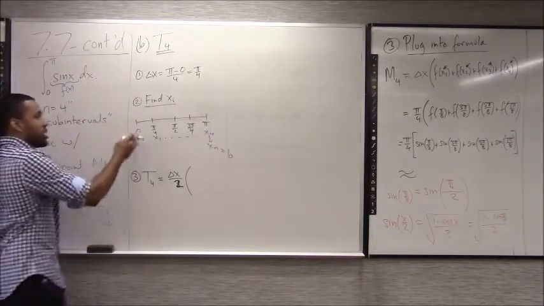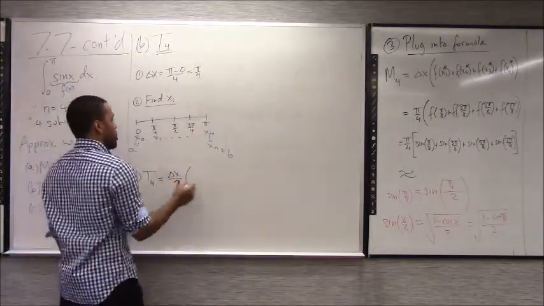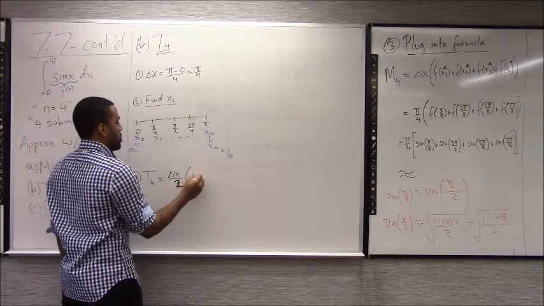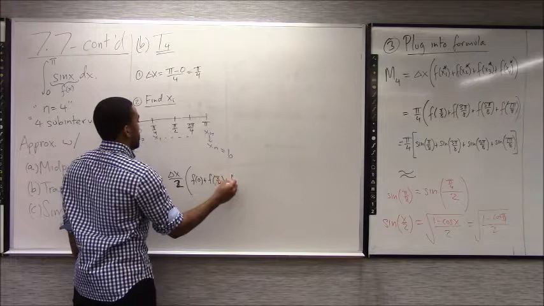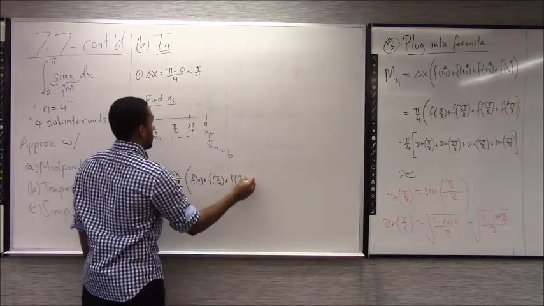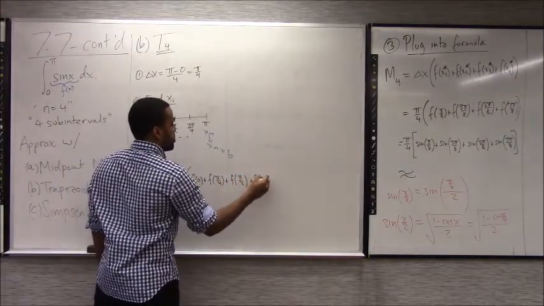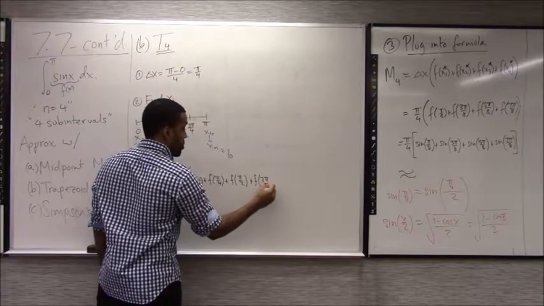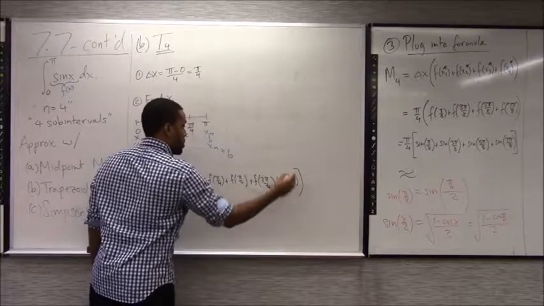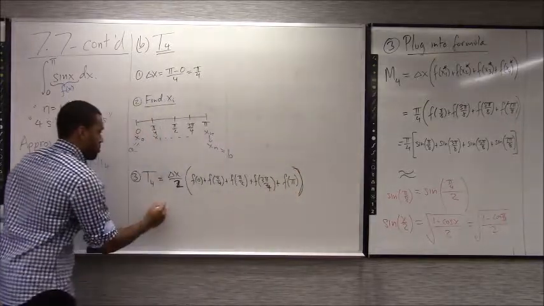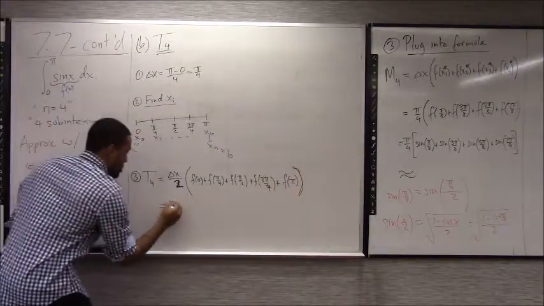And we're literally plugging in all the x values here. So we're going to plug in f of 0, f of pi over 4, f of pi over 2, f of 3 pi over 4, f of pi. So this becomes pi over 8.